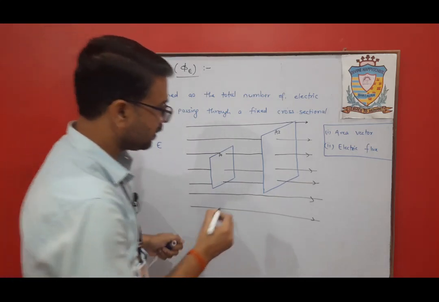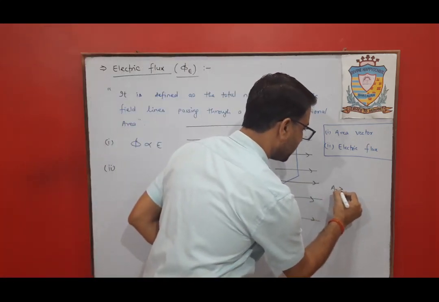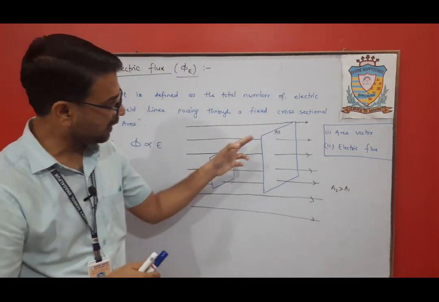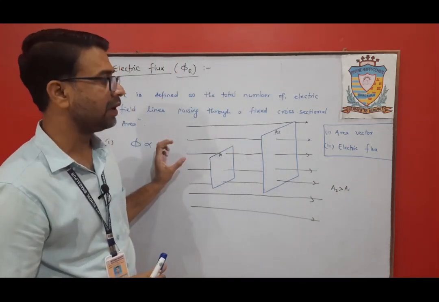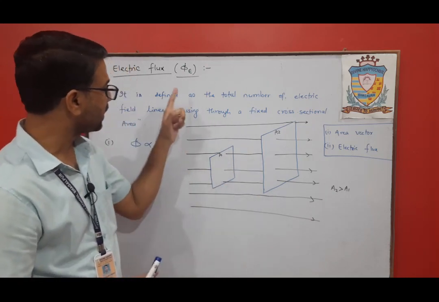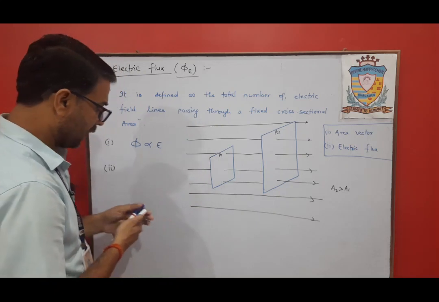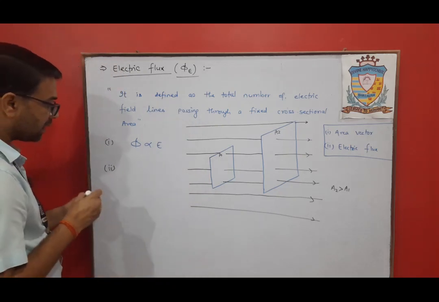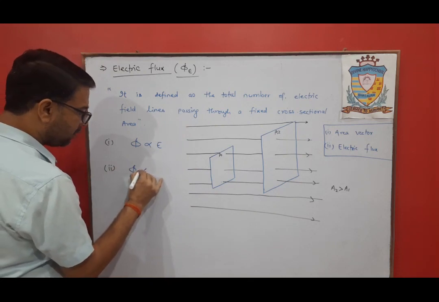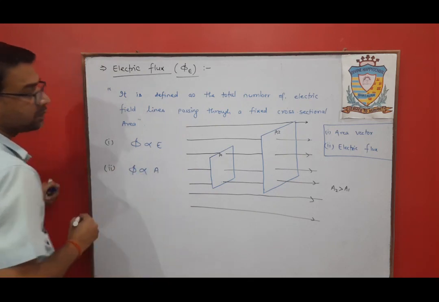Here you can see that A2, that is area 2, is greater than area 1. Okay, so the bigger the area, the greater the number of electric field lines, or you can say the bigger the area, the greater the electric flux. That means we can say this electric flux phi is directly proportional to area.